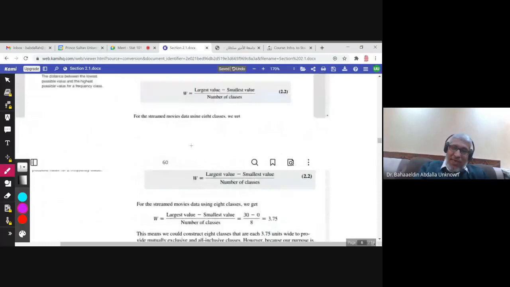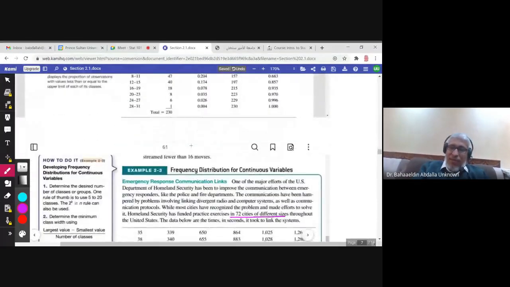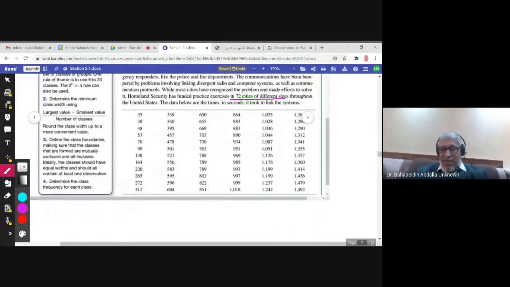Let us do this again in this example. How many cities are there? 72. So n in this question is 72. So k should be greater than log 72 over log 2. If you use the calculator to divide log 72 by log 2, the answer would be 6.2. 6.2 is not good.